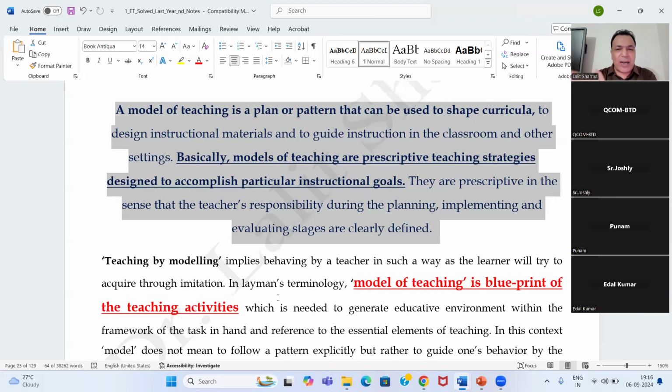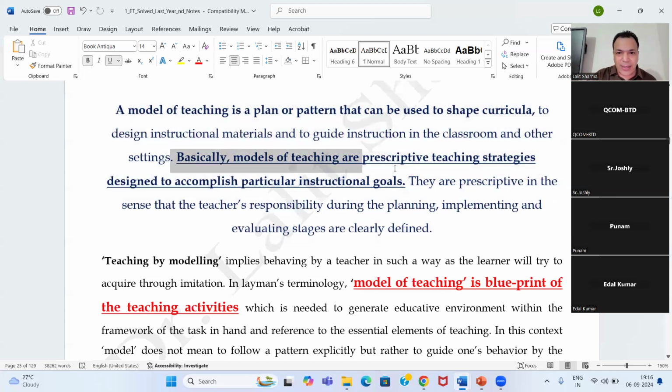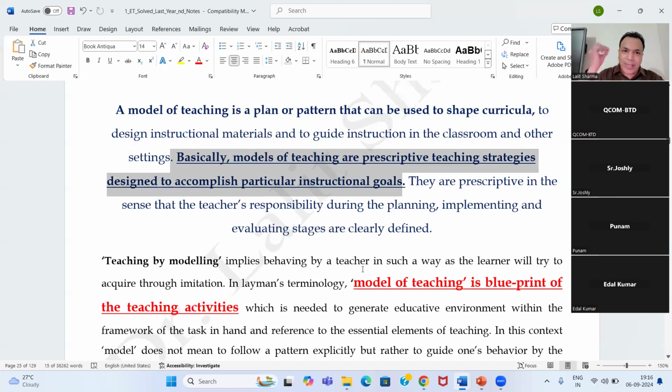Whenever our friend has a headache, we prescribe a particular tablet. So models of teaching are prescriptive teaching strategies designed to accomplish particular instructional goals.